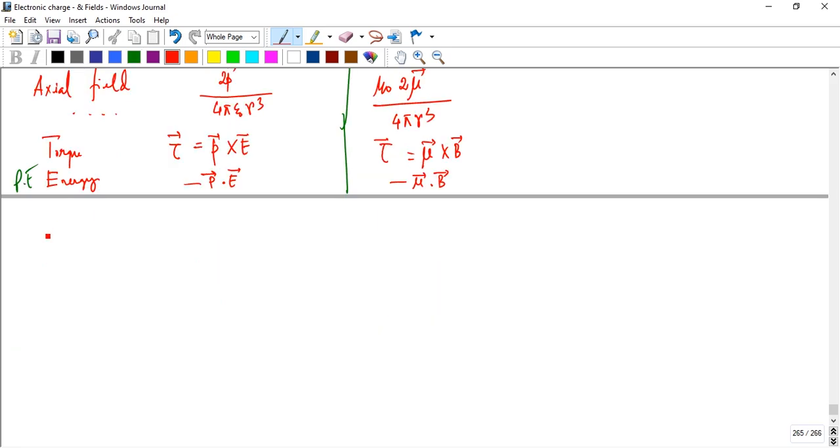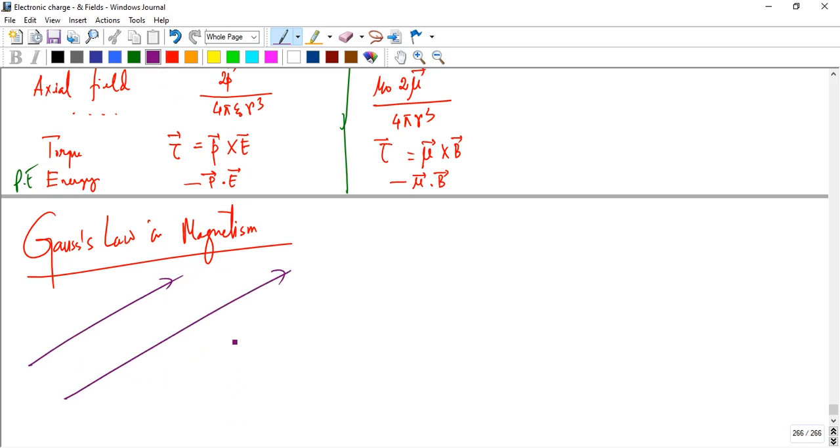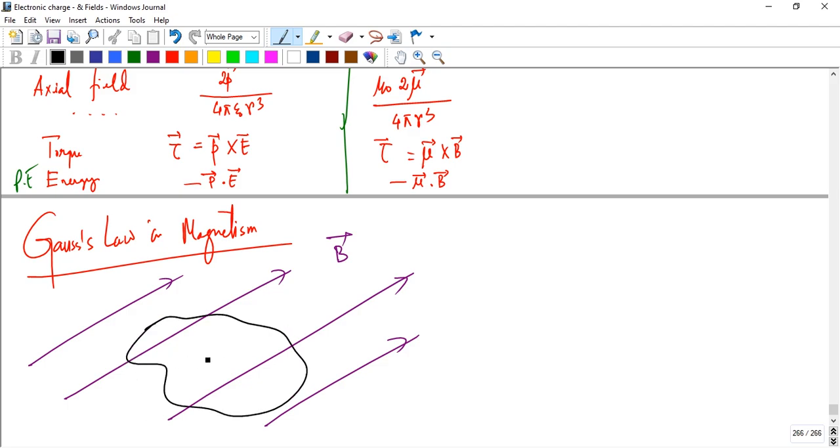So we discuss a new topic, Gauss's law in magnetism. Here there is an external magnetic field B. Now choose a Gaussian surface, a very small surface delta S, and the direction is upward.